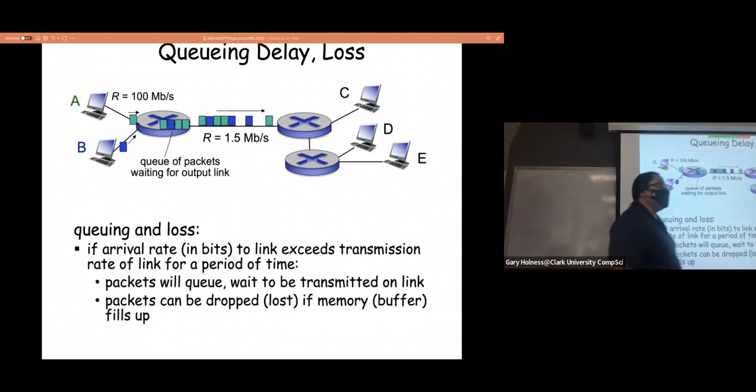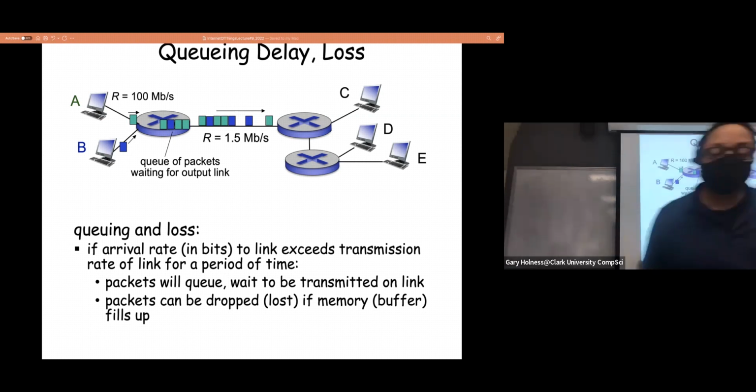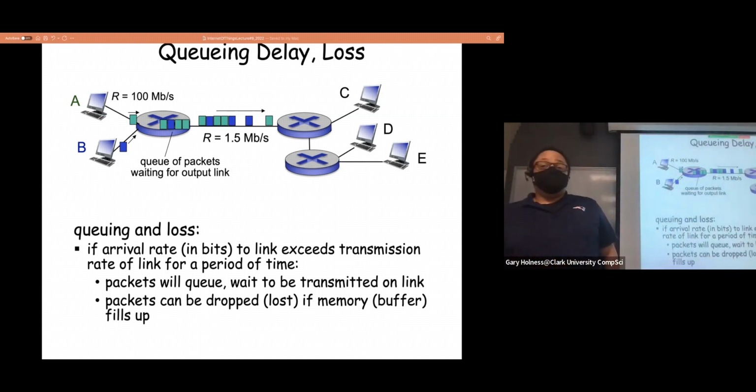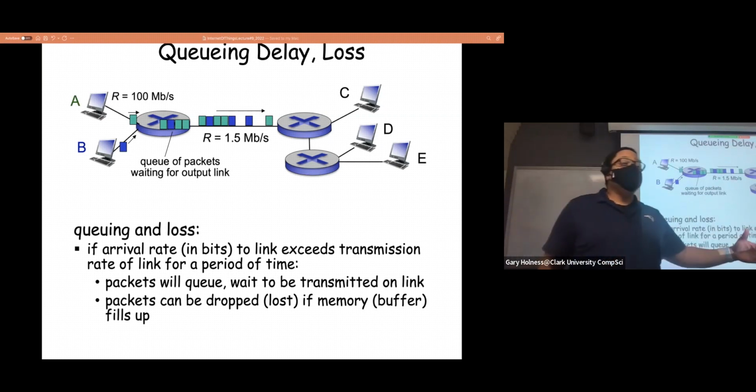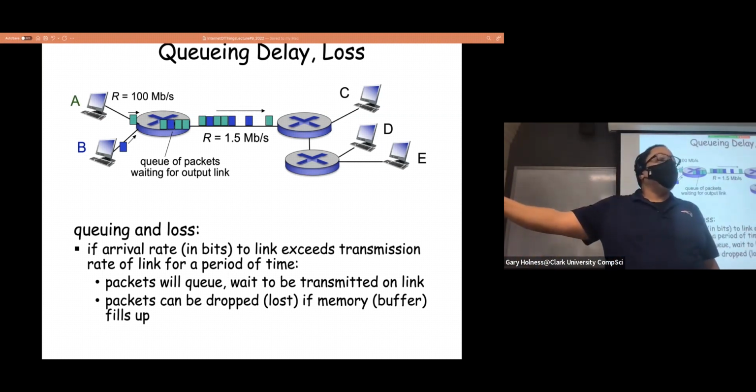If you have data, or packets more correctly, coming into the router at a rate that's faster than the router can transmit them out, you have to store them someplace. And that's where queuing comes into play. Queuing is, of course, a data structure. Yes, you've all taken data structures. That's another source of delay. The longer the line, those at the end of the line cumulatively are going to have to wait longer.